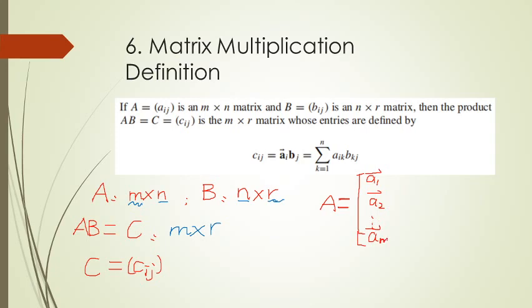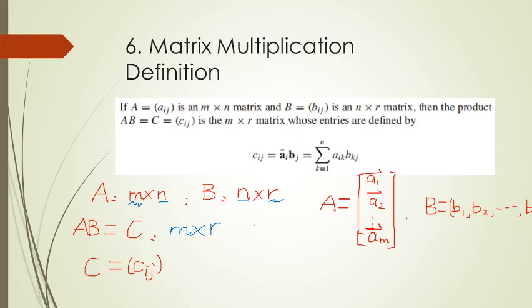Everyone is clear? Matrix A can be rewritten in terms of its row vectors, and the matrix B can be rewritten as a row of column vectors B1, B2, until BR, right? R columns.